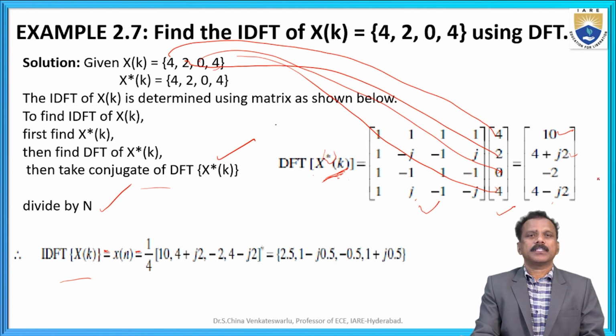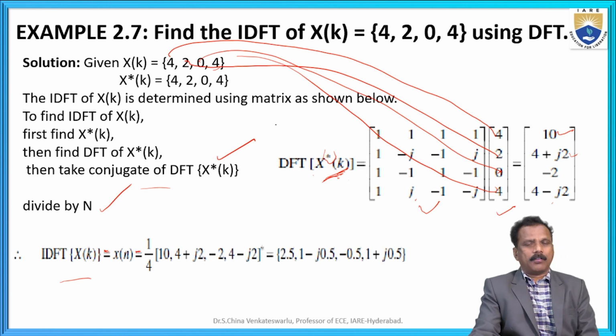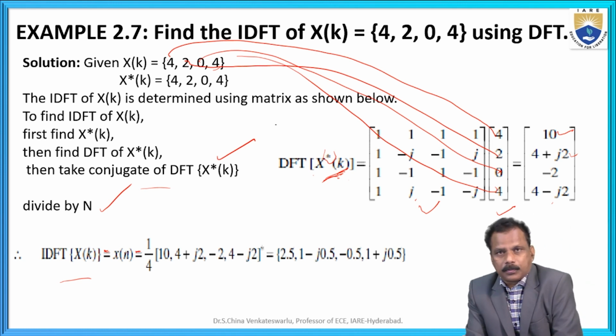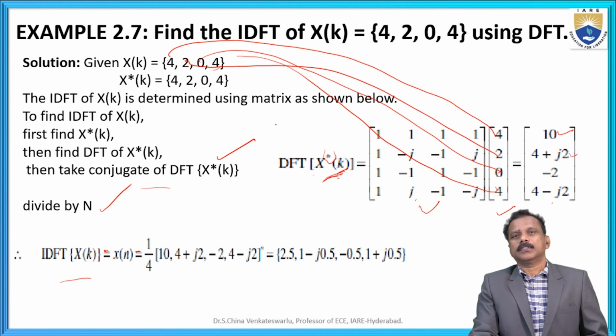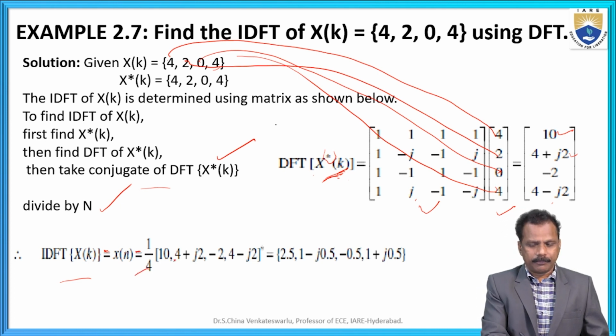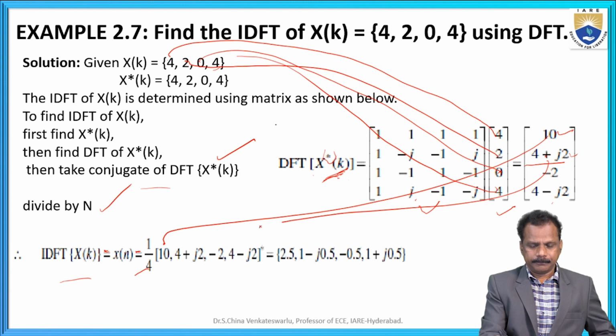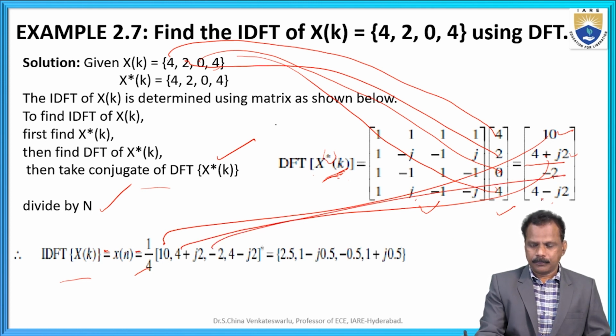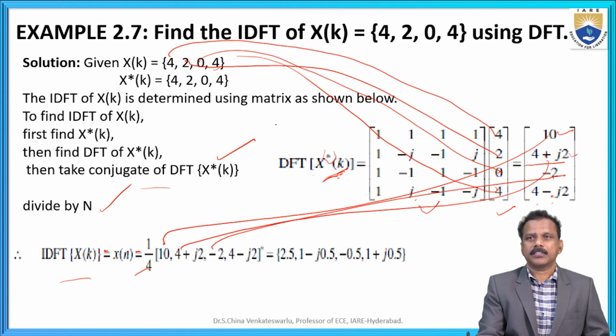Therefore the inverse discrete Fourier transform of x of k is equal to x of n, which is also 1 by 4 of this finalized value 10, this value, and minus 2, 4 minus j2.